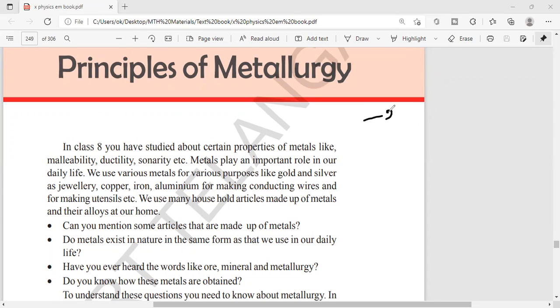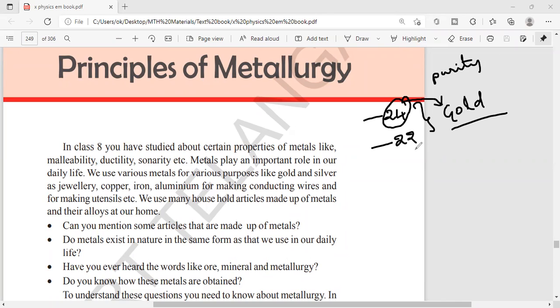For example, you regularly hear 24 carat and 22 carat gold. This tells us about the purity of gold. 24 carat is pure gold, and 22 carat is an alloy, mixed with another metal, especially copper.